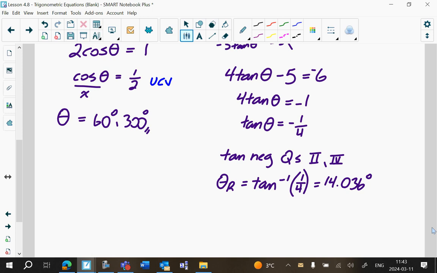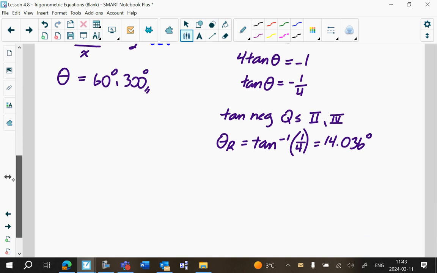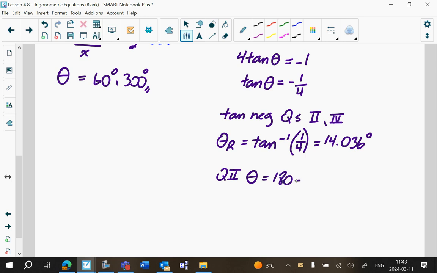So now I've got the information I need to find the final answers. In quadrant 2, how am I going to find the actual angle if I know the reference angle? 180 minus it. And that will give us 165.964.